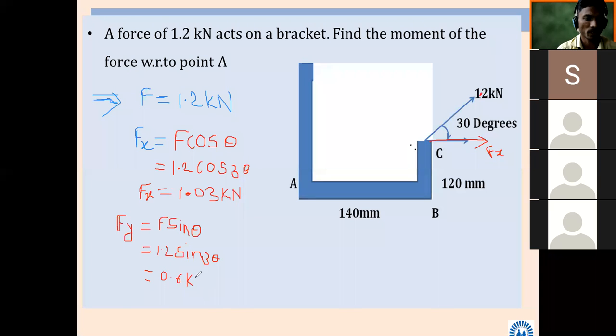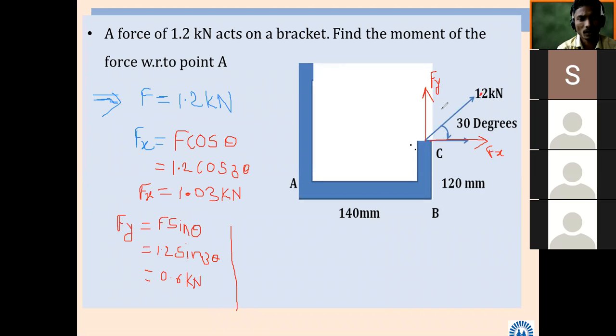The unit is kilonewton. So this particular force is divided into one horizontal component and one vertical component. The vertical component will be Fy, and the horizontal component will be Fx. Likewise, it is converted into one horizontal and one vertical.